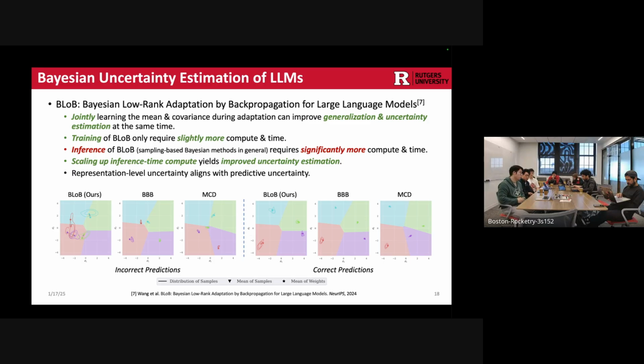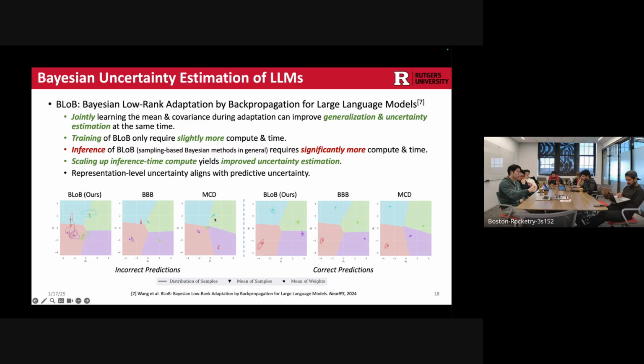The final conclusion that we have is that the representation level uncertainty also aligns with the predictive uncertainty. Previously, when we were estimating the uncertainty, we focused on the prediction, right? But if you take out the internal representation of a model, because now you sample multiple weights and you have that distribution, and you visualize it, you can see that for the incorrect predictions, we have a distribution of the representation of larger variance.